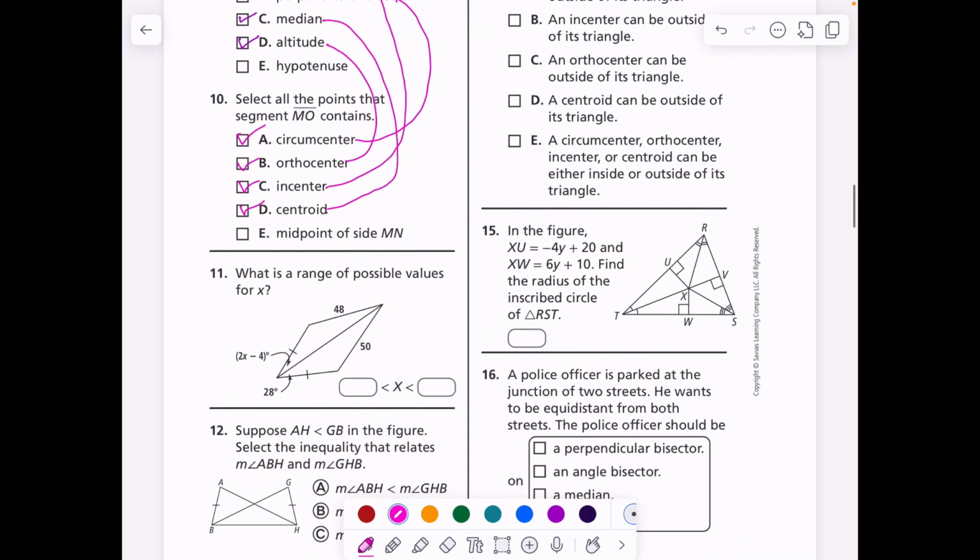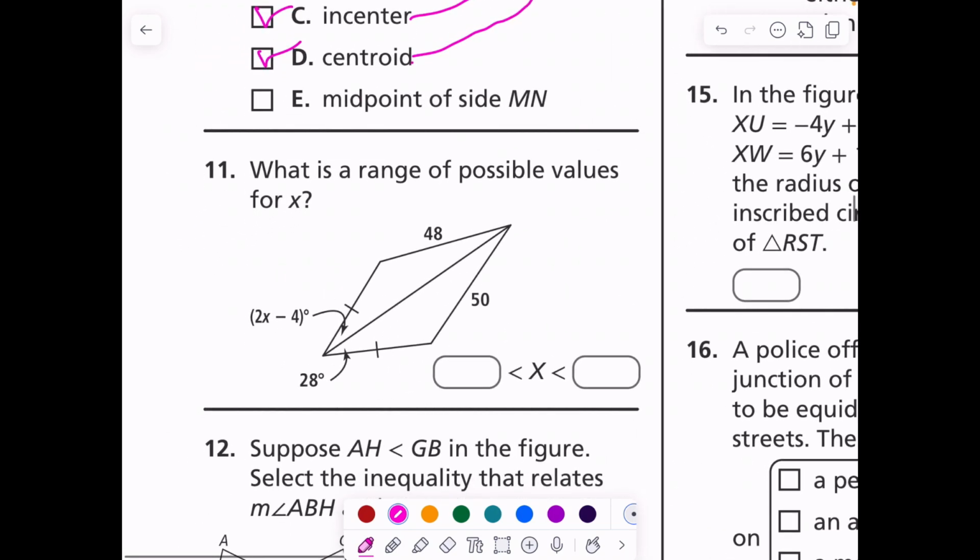Okay. Then for number 11, the range of possible values for x. Notice these are not angles, they're just sides. Since this one is big and this one is small, we know that this one has to be the bigger one and this one has to be the smaller one. So we have two different inequalities.